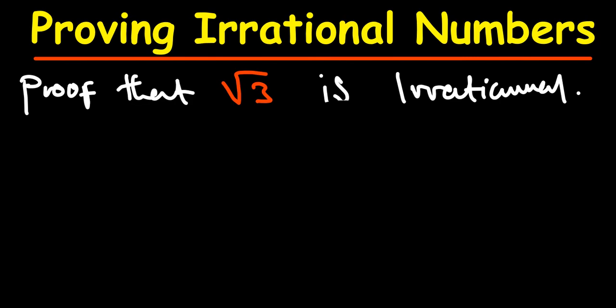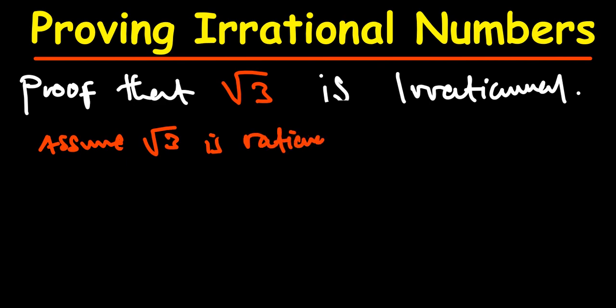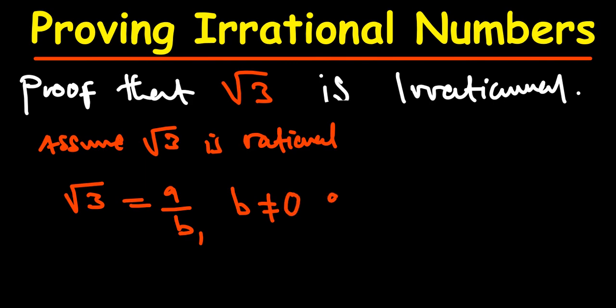So we assume that root of 3 is rational. So if root of 3 is rational, it means we can write root of 3 equals a over b, where b is not equal to 0, and a and b are in their lowest terms.